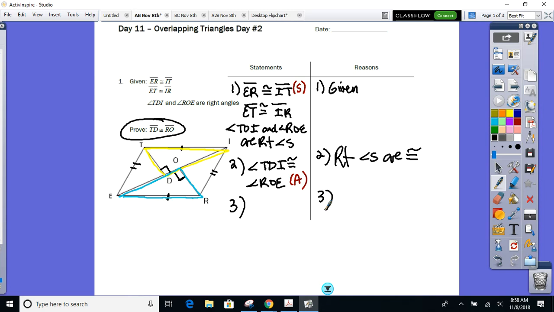You cannot add or subtract two reflexives, if that's where you're going with that. That's fine. It's a common mistake, because here's why. Let's say EI is 10, and let's say this is 4.